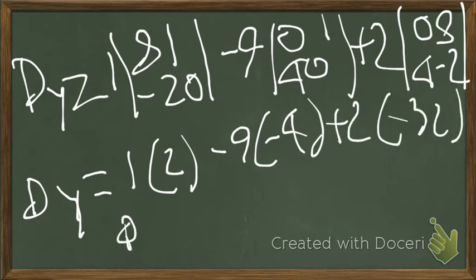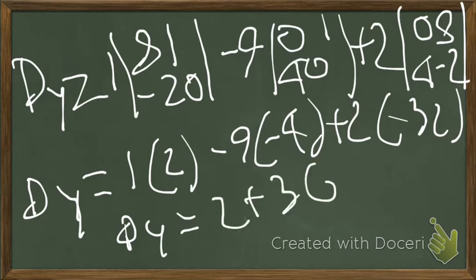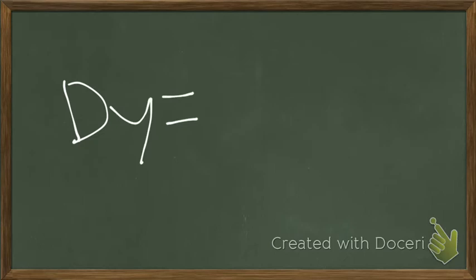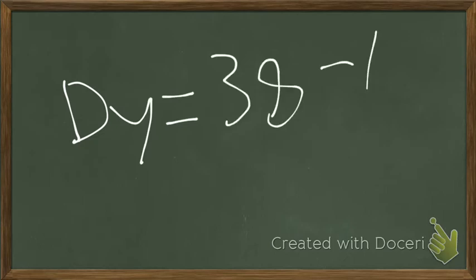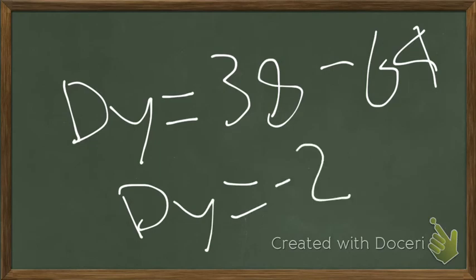So dy equals 2 plus 36 minus 64. Now you have dy equals 38 minus 64, and dy equals negative 26.